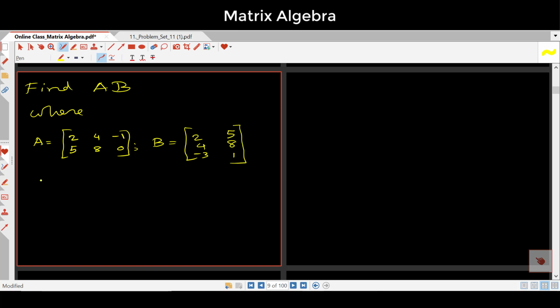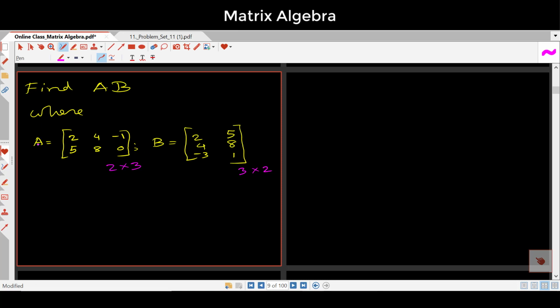So A and B matrices are given and we are asked to find A times B. So multiplication is only possible if the column of the first matrix is same as the row of the second matrix.